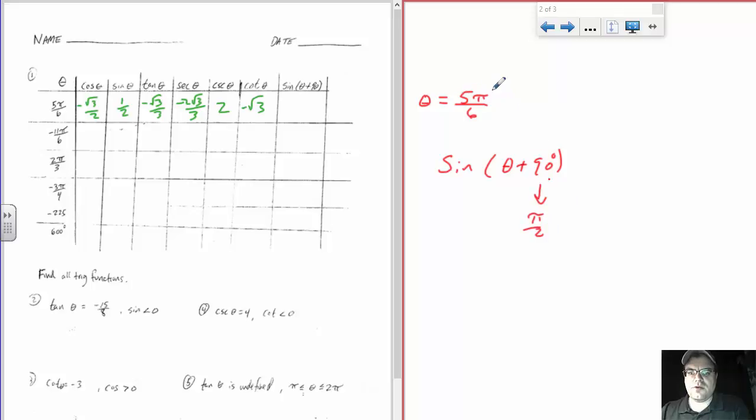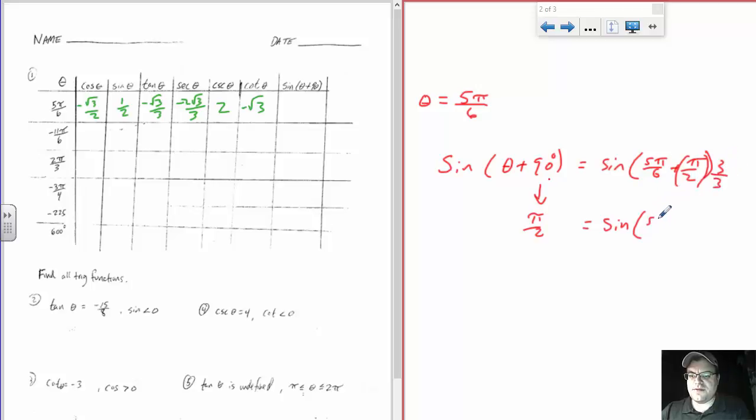So what I really want is theta plus 90, which is the sine of 5 pi over 6 plus pi over 2. Now, if you're keen on adding fractions, there's nothing wrong with doing that. You can do that if you want. If I were to do that and keep it all in radians, to add two fractions we need a common denominator, which means we're going to have to multiply this particular fraction by 3, top and bottom.